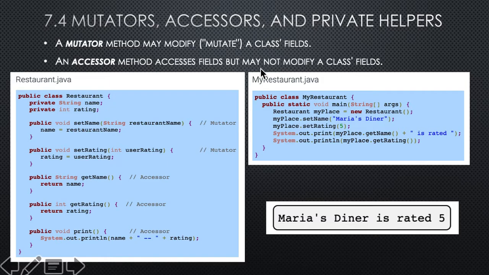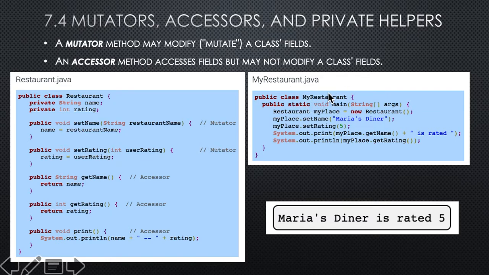So in this case we have two programs where we have here the mutators: restaurant name, user rating, get name, get rating, and print.